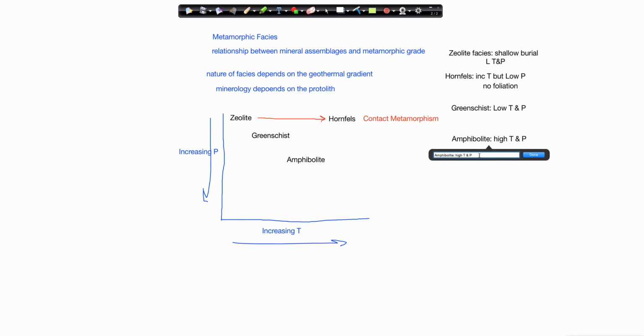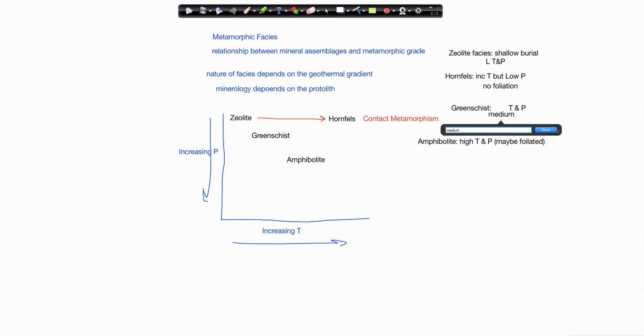High temp pressure, maybe foliated. Sometimes amphibolites are not foliated. It just depends. Really, I should say green schist is more of a, it's not low, more of a medium. We'll put medium there.